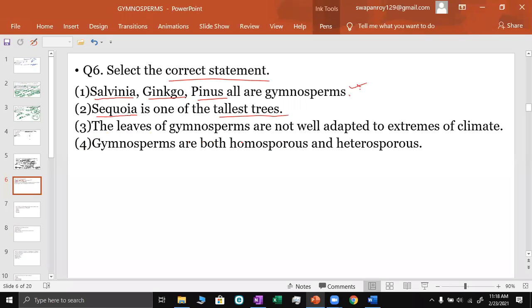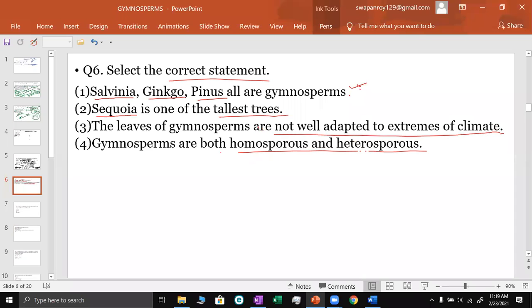The leaves of gymnosperm are not well adapted to extremes of the climate. Gymnosperms are both homosporous and heterosporous.